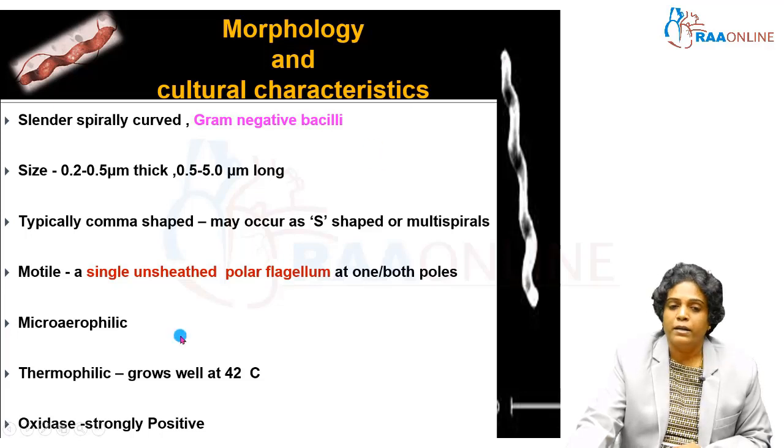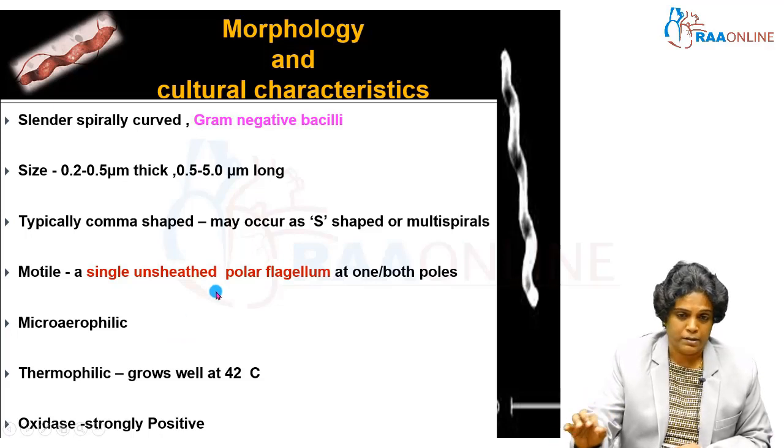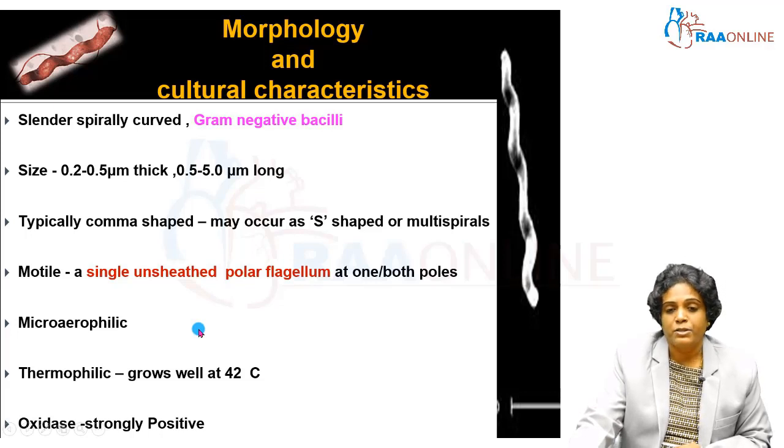Now it is a microaerophilic bacteria, so it grows where there is less oxygen tension, preferably in a carbon dioxide incubator. It is also thermophilic and grows well at 42 degrees Celsius.